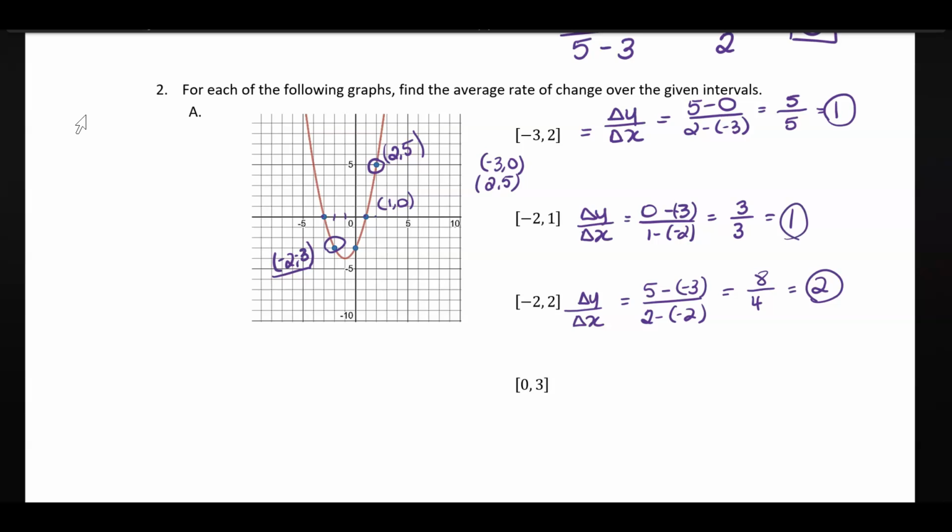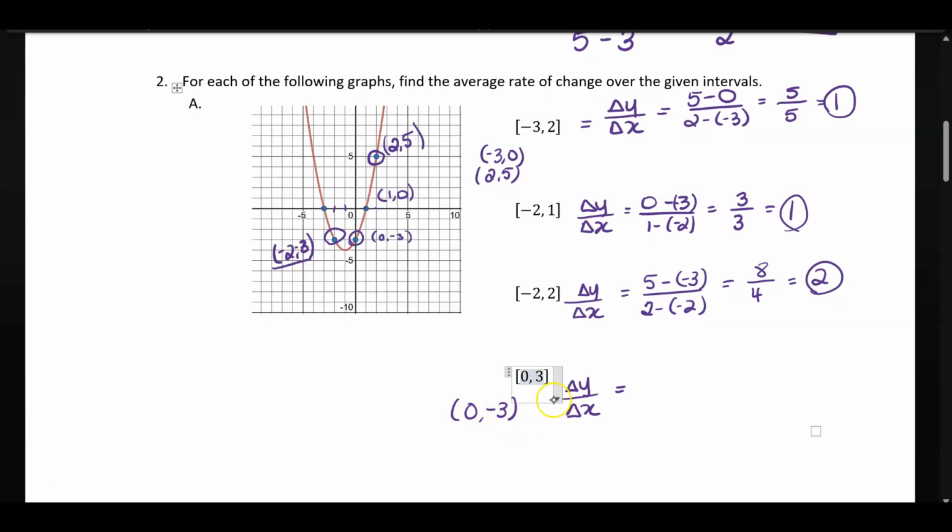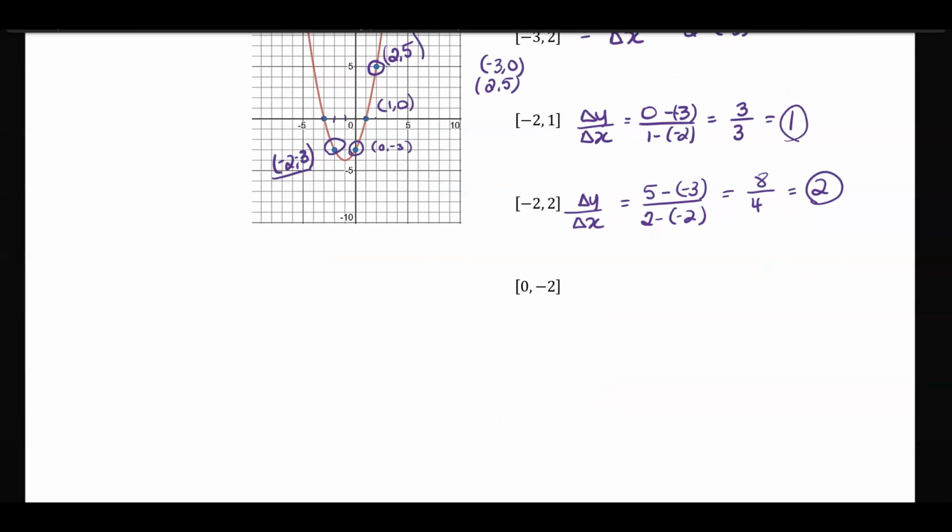And lastly, we have 0, 3. And actually, instead of 0, 3, we're going to go ahead and change this, and we're going to make this 0, negative 2, because I think that would be a little bit more interesting. So let's take a look at that. So at 0, from the interval from 0 to negative 2, if I look at this 0, it's going to give me this point 0, negative 3. And at negative 2, I'm going to get this point negative 2, negative 3.